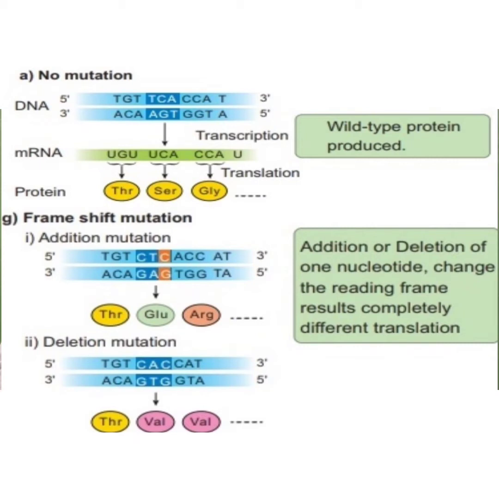In the deletion mutation, you can see the change in the amino acid sequence. Instead of serine, valine is formed. Instead of glycine, valine is again formed. So the polypeptide chain sequence is changed. So addition or deletion of one nucleotide changes the reading frame. This results in a completely different translation and formation of a different polypeptide and protein.